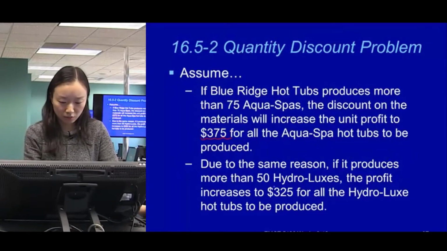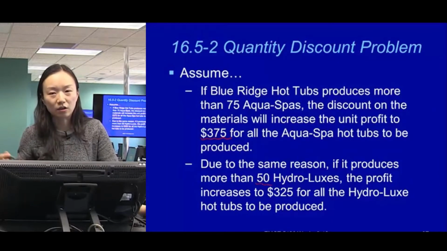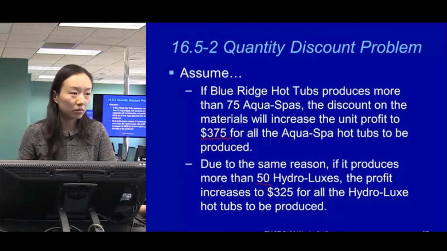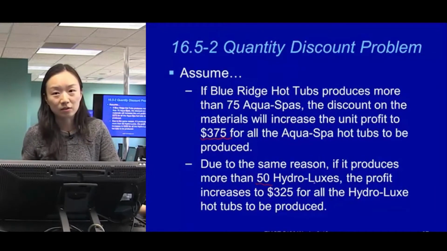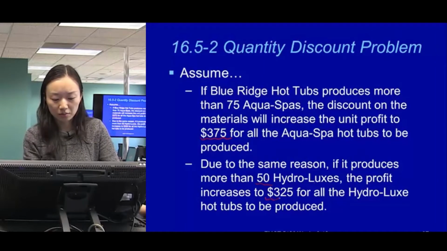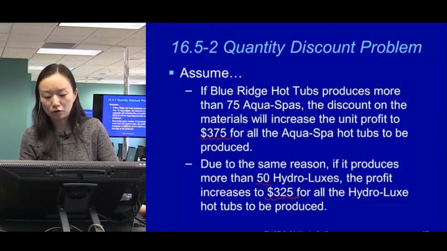Same as the second one. If you produce more than 50, then you're going to buy a large quantity of material for those hydroluxes, and you can buy them at a cheaper price, which ends up with higher profit for all the hydroluxes that you're going to produce.